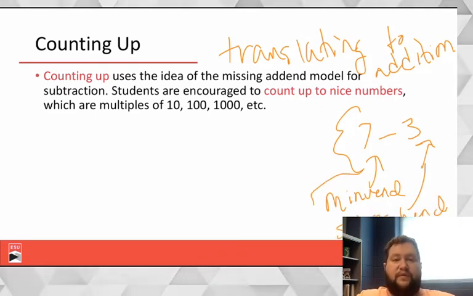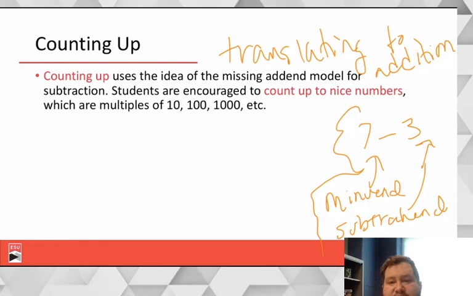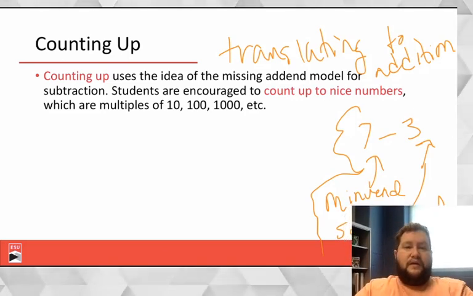Just know that those have words. I would say they're not super common. We don't use them a ton, but it is important to know that they have names. The minuend is the larger number from which we're subtracting, and the subtrahend is the thing that's actually being subtracted. And so in counting up, we count up from the subtrahend to the minuend.